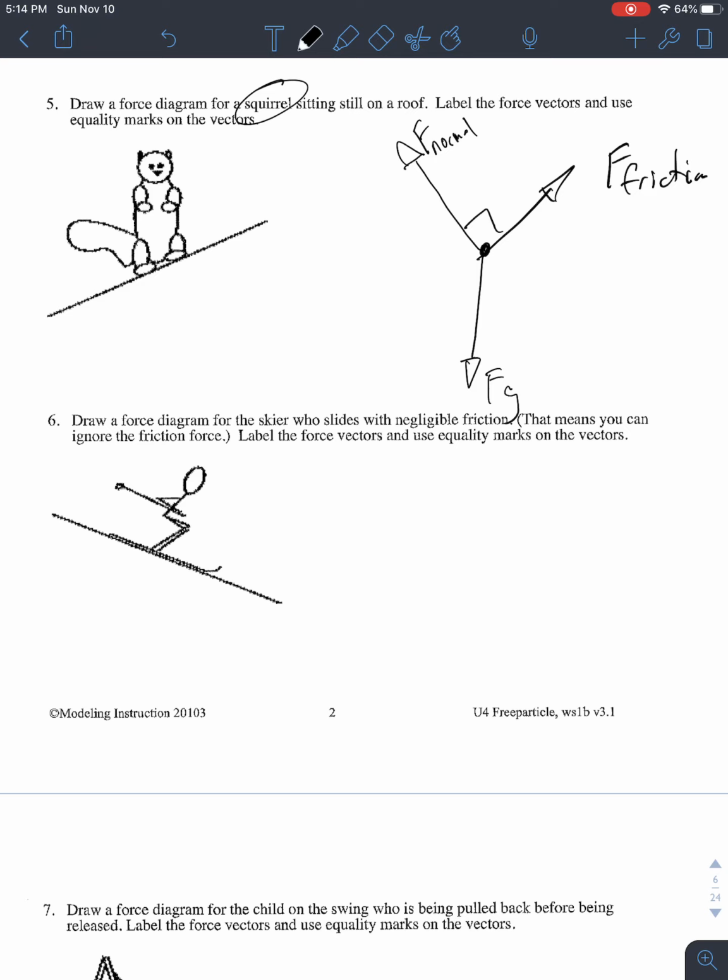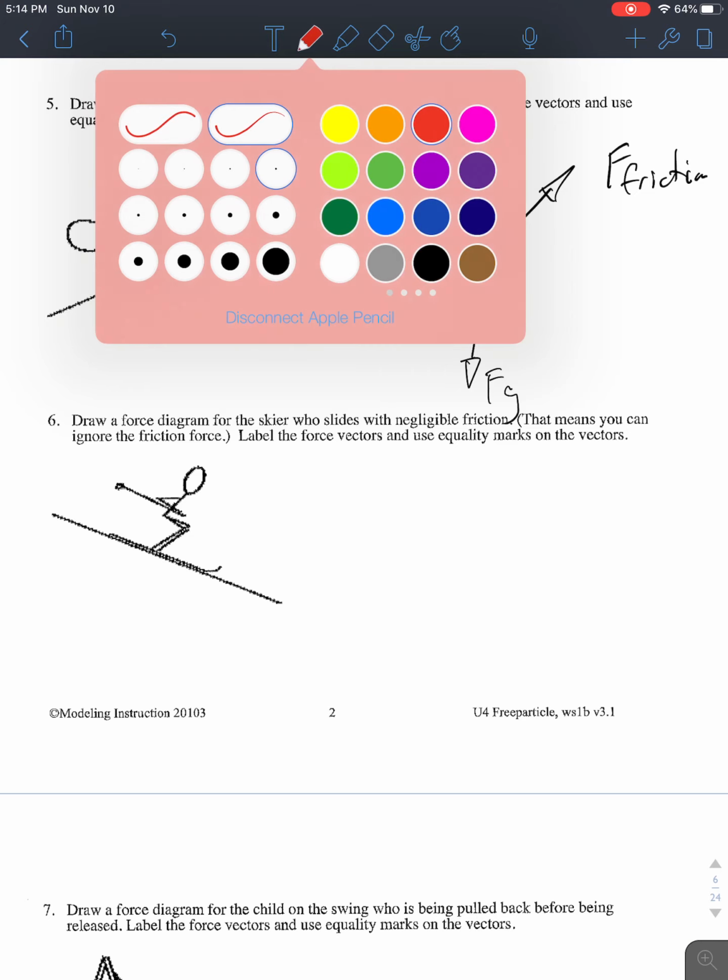And if we follow the rules from before, we would break up normal and friction into X and Y. And that would show all the upward would equal the downward, leftward would equal rightward. But that doesn't quite make sense, because where does the squirrel actually want to go? Or where is he potentially going to slide? Down to the left.